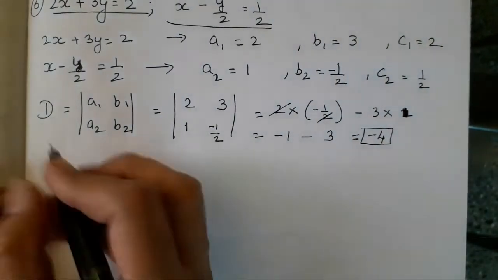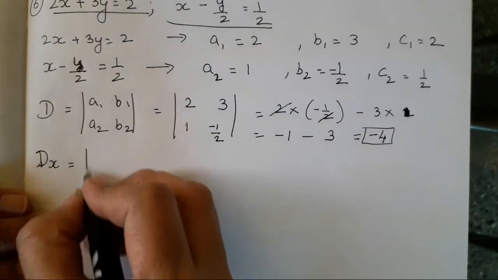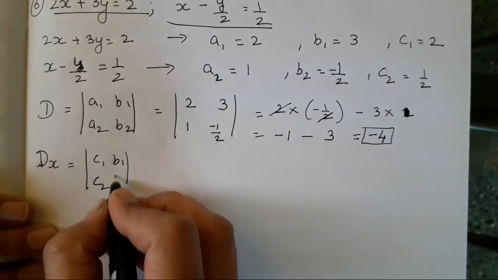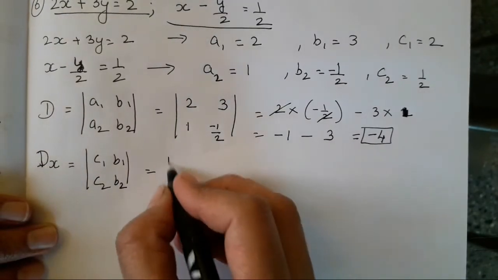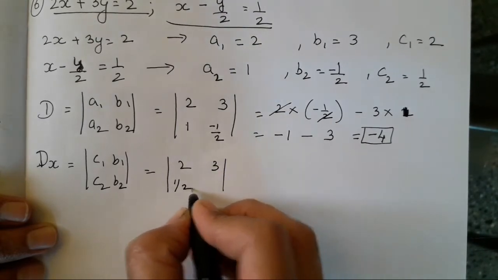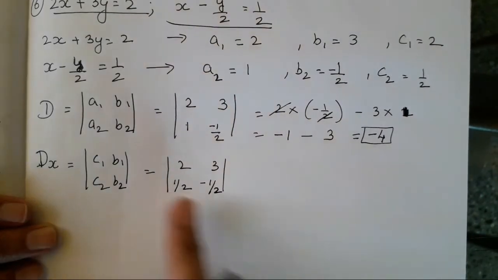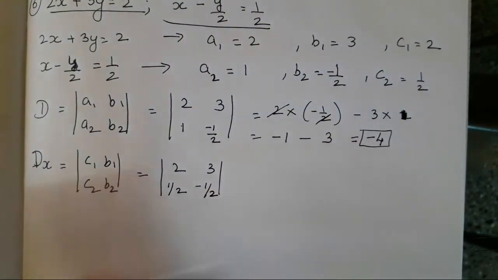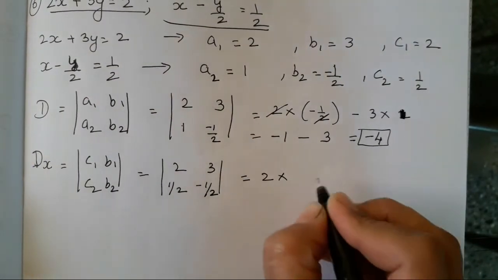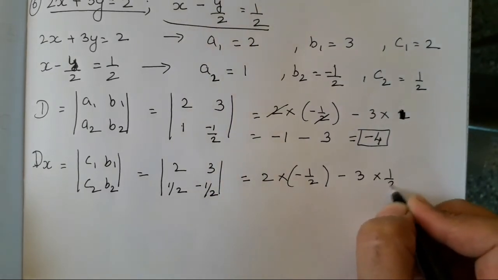Okay, now for dx, because x is there, you all have to take x, which is c1, b1, c2, b2: 2, 3, 1 upon 2, minus 1 upon 2. Okay, this is plus and this is minus. Now arrange them: 2 into minus 1 upon 2 and minus 3 into 1 upon 2.